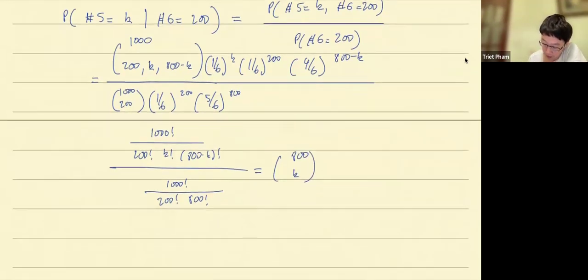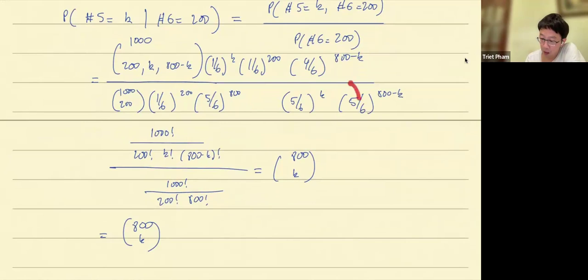So you have something like 800 choose K. And then the 5/6 to 800 here, I will write as 5/6 to the K, and then 5/6 to the 800 minus K. Because when I mash this up, I'll have 4/5 to 800 minus K, and then I will have 1/5 to the K. And guess what?